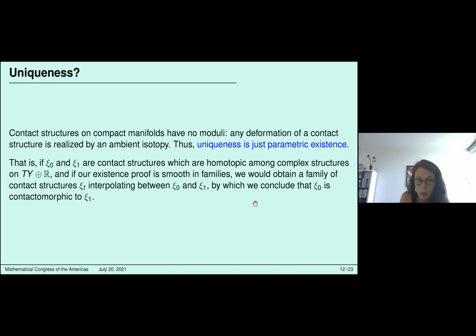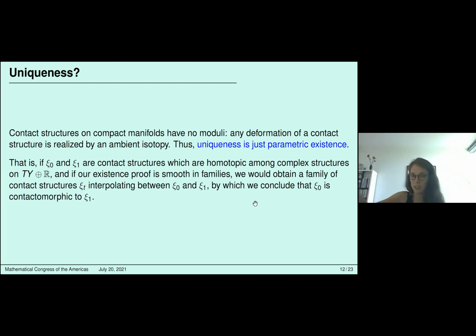To spell that out, if you have two contact structures, and first of all, if they're homotopic among complex structures, they better be, then as long as we can run this existence proof in a way that is smooth in families, then for every t in a homotopy between the complex structures, I just realize it by a contact structure.